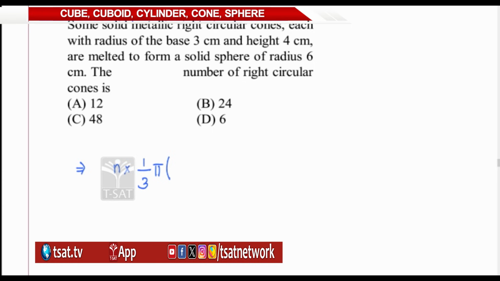Here we are melting the cones and forming a sphere. It doesn't matter whether you melt a sphere to form a cone, or melt cones to form a sphere, you have to equate their volumes. Base radius 3, therefore 3 square, height 4. N such cones are forming one single solid sphere. Therefore equate the volume of the sphere, 4 by 3 pi r cube.